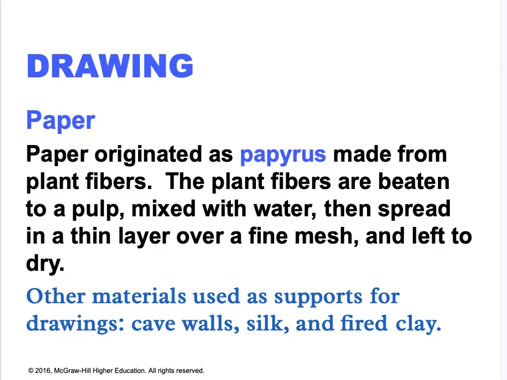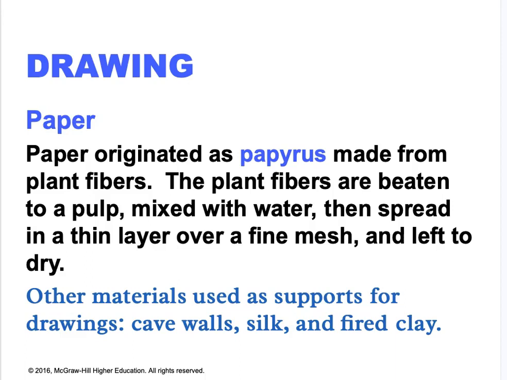So what do we draw on? We draw on paper, typically. Not always, but a lot of times. And paper is the main one. It originated as papyrus, made from plant fibers. The plant fibers are beaten into a pulp, mixed with water, then spread in a thin layer over a fine mesh and left to dry. I don't know if you can picture that process in your mind, but that is what paper is.